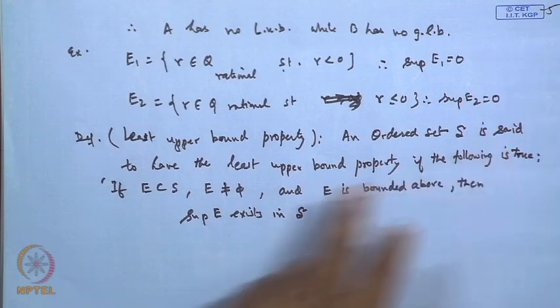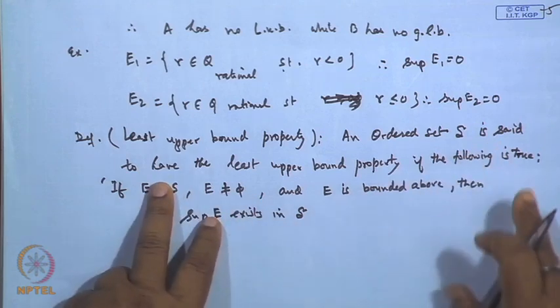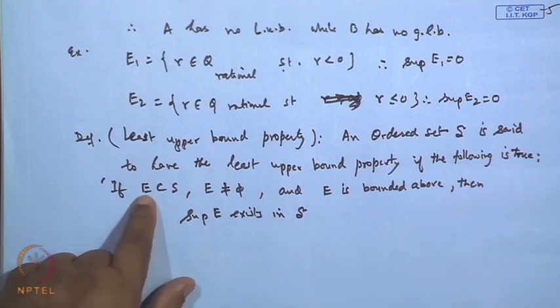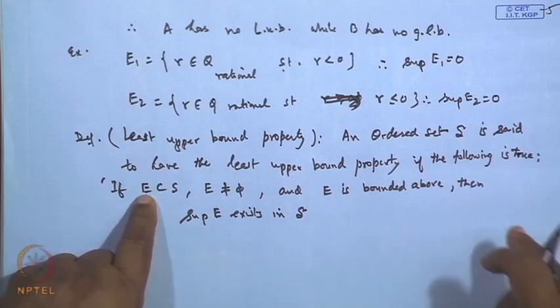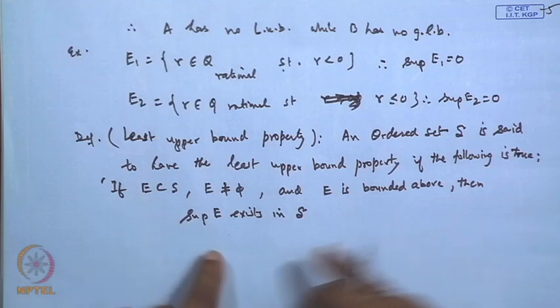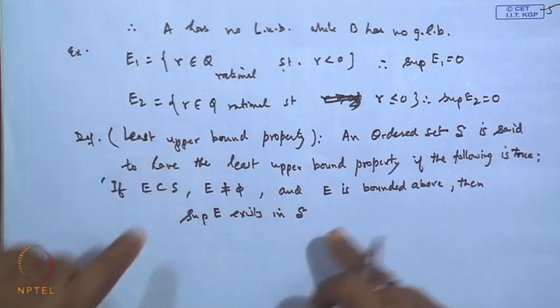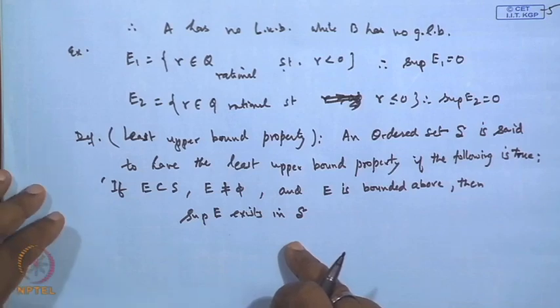An ordered set S is said to have the least upper bound property if any non-empty subset E which is bounded above has its supremum in S.